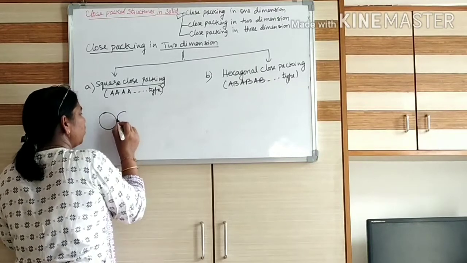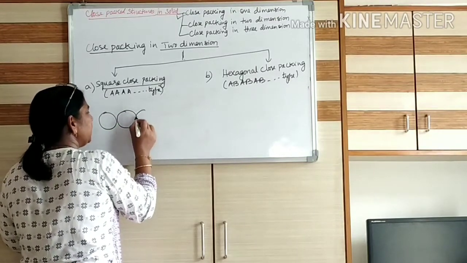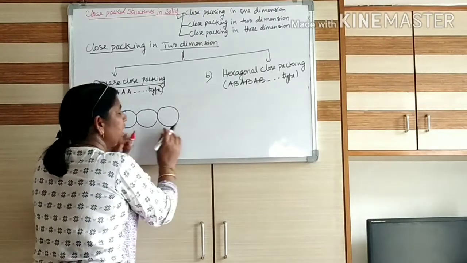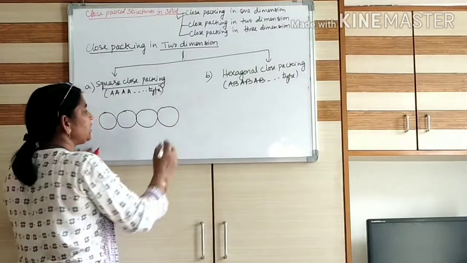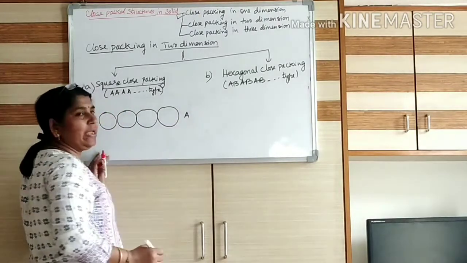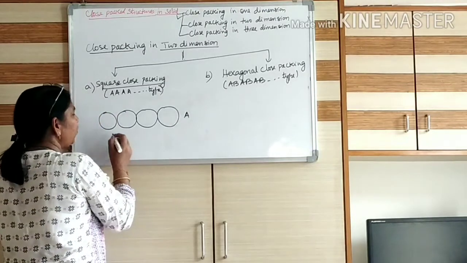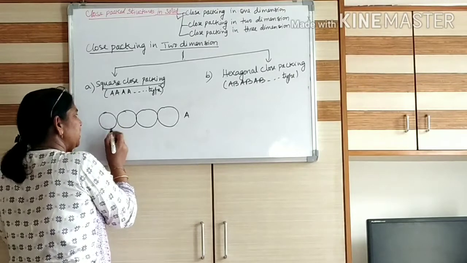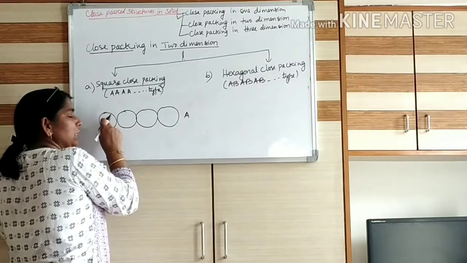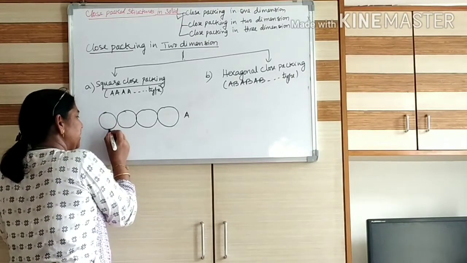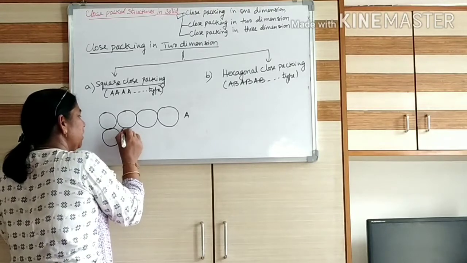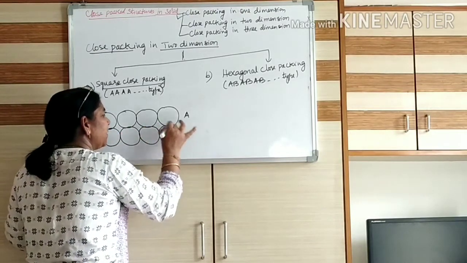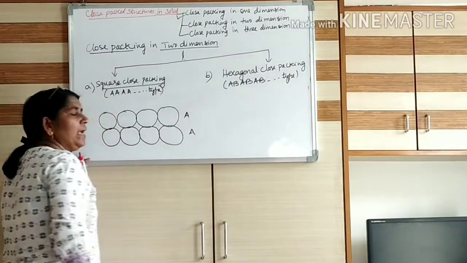Solid spheres in the first row are arranged in a linear way. And this row, if I am saying A arrangement, then second row I will arrange similarly or exactly below the first. How the first sphere of the first row is arranged, exactly below that I will arrange the sphere of the second row. And I will get this arrangement as A arrangement.